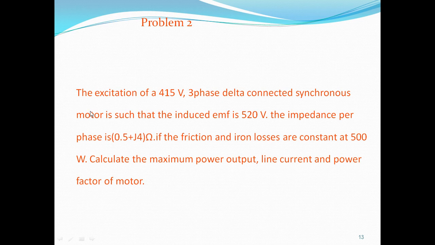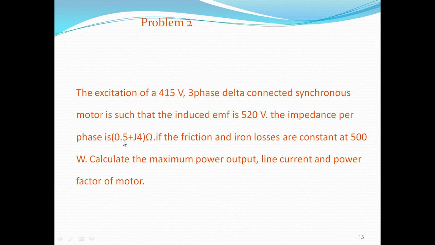The excitation of a 415 volts 3-phase delta connected synchronous motor is such that the induced EMF is 520 volts. The impedance per phase is 0.5 plus j4.